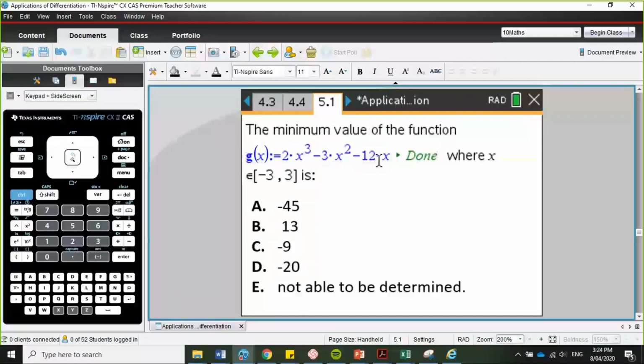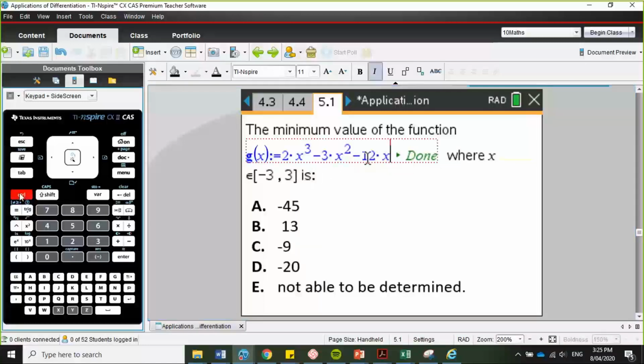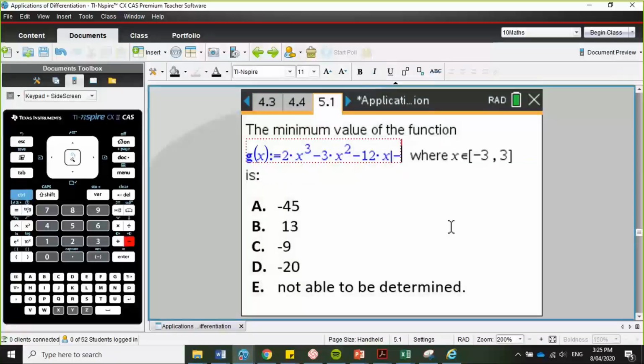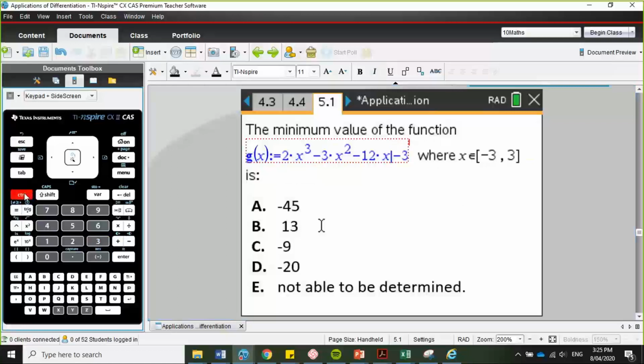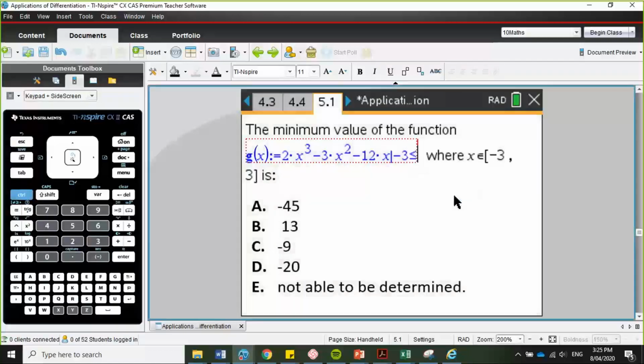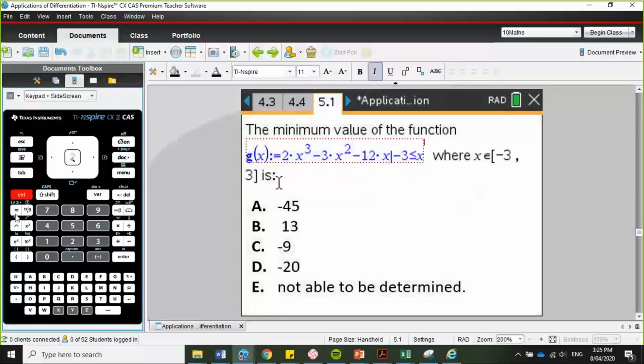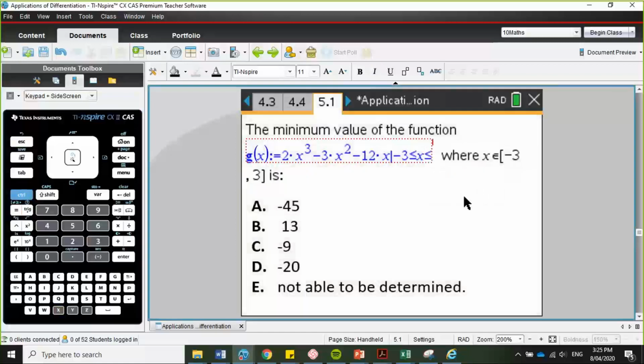And I could put a domain restriction on the end here as well when I define my function. So I could actually put x is greater than or equal to, there we go, sorry, less than or equal to, and define my function there. Or you could just define it when you were in your so that's my function defined.